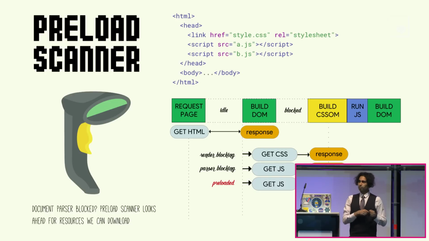If we run into a blocking script, that's going to stop the document parser in its tracks, which is why we have this sort of fallback thing, the preload scanner, which is able to look ahead even when the document parser is blocked and find other resources that we can continue to fetch and process. When this change was first introduced in Chrome, I believe it introduced like a 20% improvement to overall load time, so the preload scanner is pretty cool.